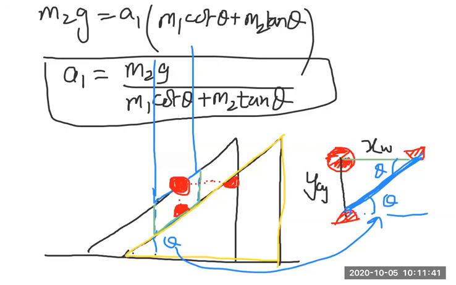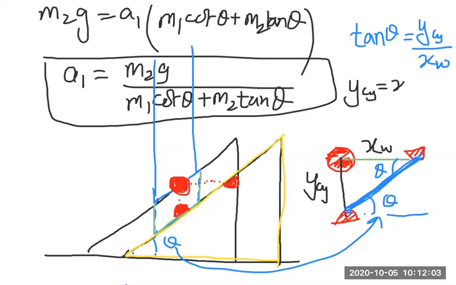So therefore, I get a relation which is tan theta is equal to the displacement of the cylinder upon the displacement of the wedge. And this tells me that the displacement of the cylinder is equal to displacement of the wedge multiplied by tan theta.